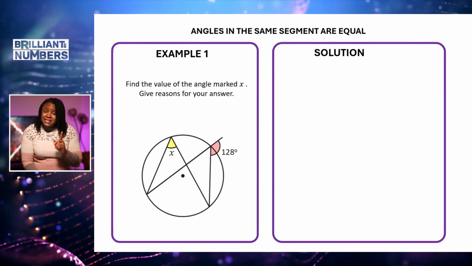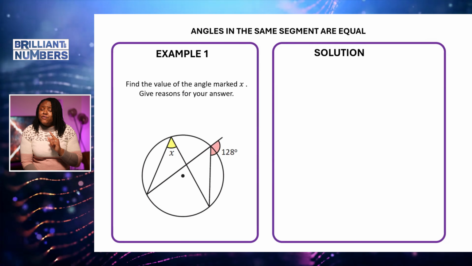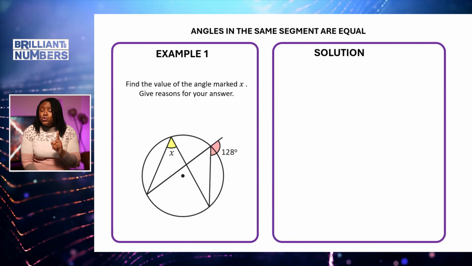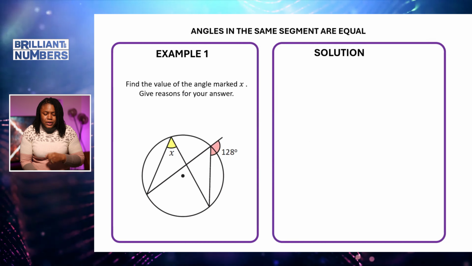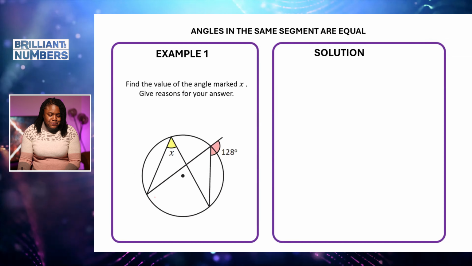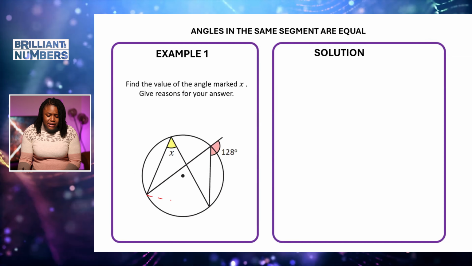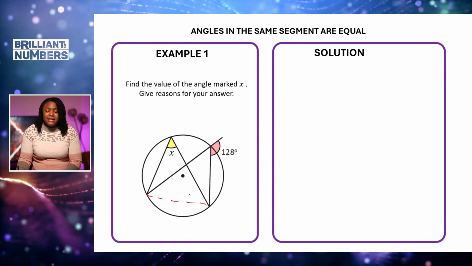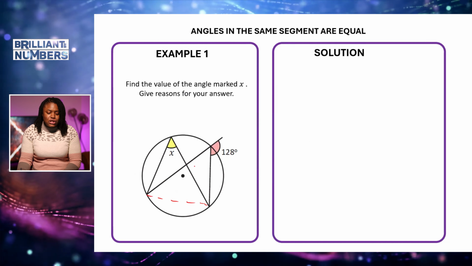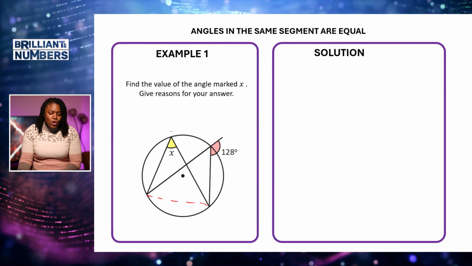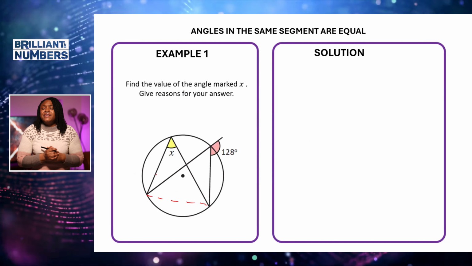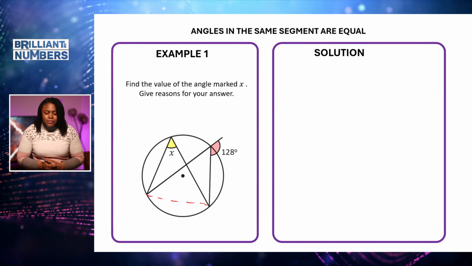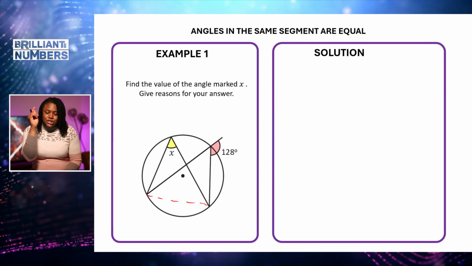So looking at this question here, I can see a very good example of what I just said, that not always the chord is visible. So if I look here, I can put my chord in for myself, and then it is now clear that I've got these two triangles drawn from the chord, and I'm asked to find the angle X. Now, what is my first step?